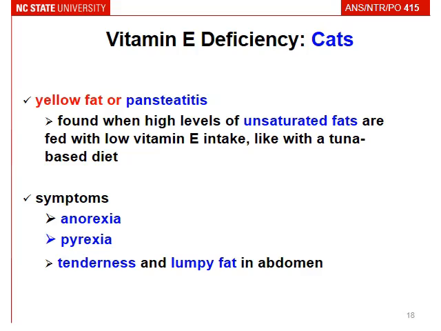So if you don't have adequate antioxidants such as vitamin E, you're going to get this yellow fat. Symptoms include anorexia and pyrexia, which is a big old fancy word for fever. The cat is usually pretty tender and has lumpy abdominal fat. They don't want to be petted, and when you do, you can feel their lumpy abdominal fat.